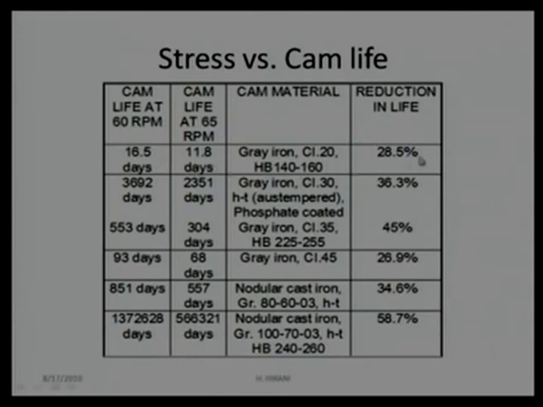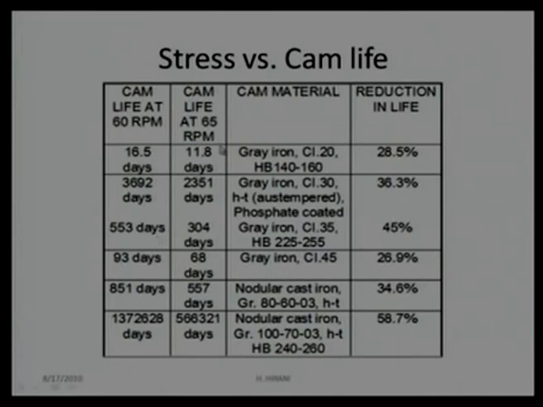We can say that is around 28.5% life is reduced. What we are gaining as a profit in productivity is hardly 5%. From 60 to 65 rpm, the 5 rpm is increased. So, we are not getting even 5% profit, but loss in the life is almost 28.5%, this is substantially high.